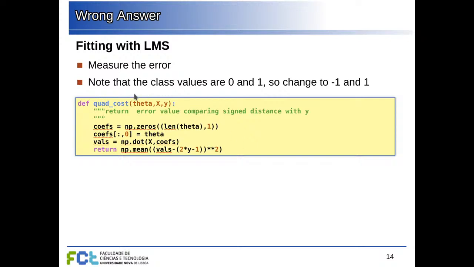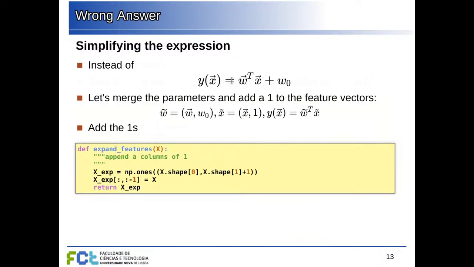So basically what we do is we create a vector of coefficients that is the same length as this vector here, but in a column, so that we can do the dot product between the matrix and the coefficients. So basically what we're going to do here is this inner product that we have here between two vectors, the vector of features for one point and the vector of parameters in our model.